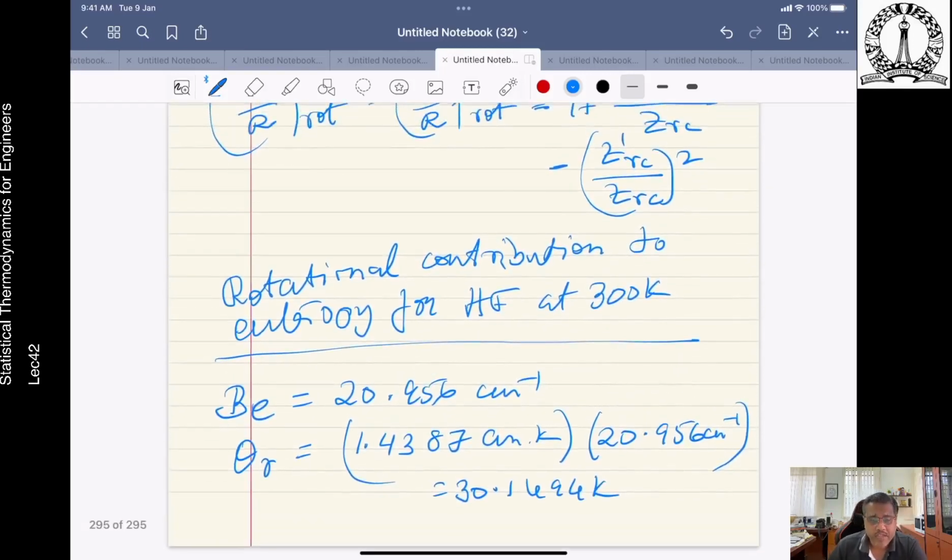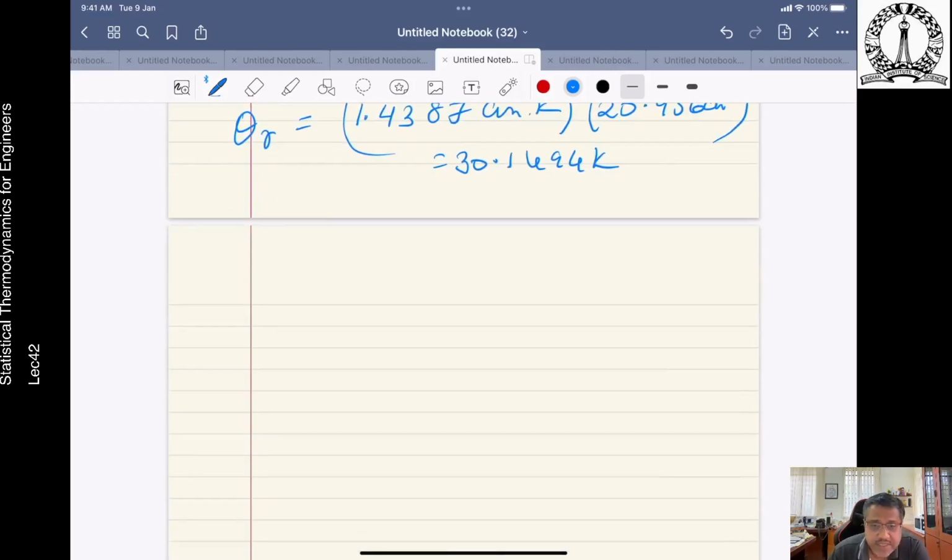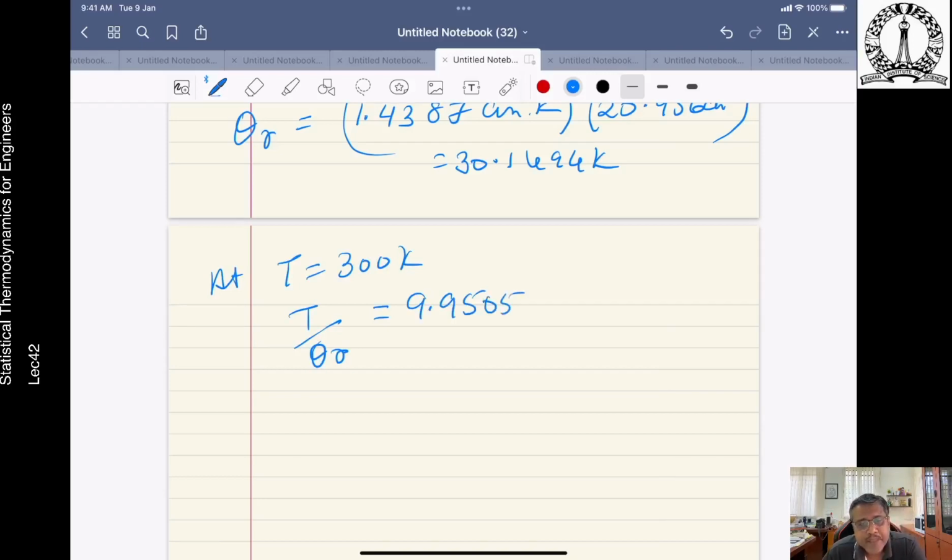Okay, so therefore, for a given temperature, say 300 Kelvin, T by theta R is equal to 9.9505. Okay, so you have to use the expansion terms now, the related expressions.